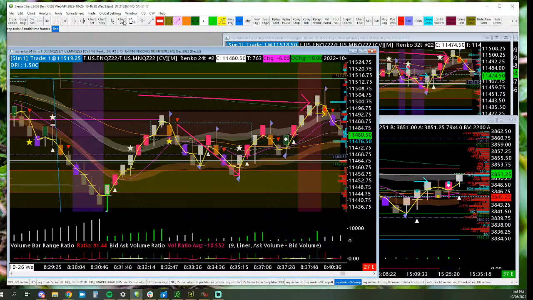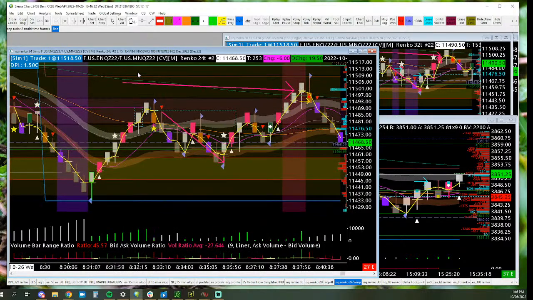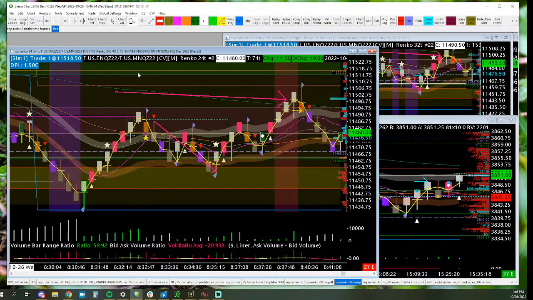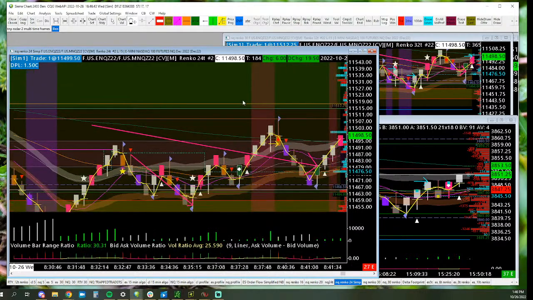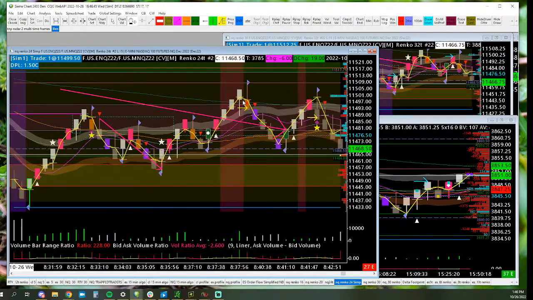So now if we get a green bar or a star up, we can buy it. So let's see if we do. There, right there. So that is the best process entry we've had so far. It was within the first 15 minutes of the day, and I did not take it. And I was disappointed that I didn't take it because it would have gotten me a nice move.